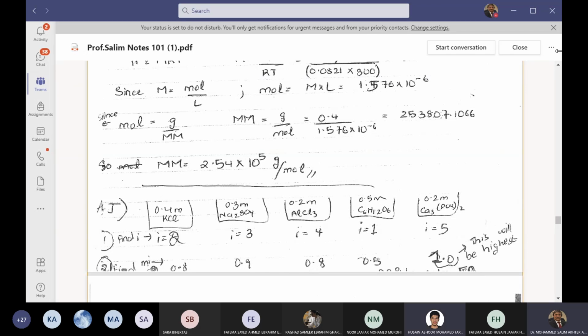Give me the answer. 165.8. Okay, this is the molar mass of MCl3. Can I find what M is?